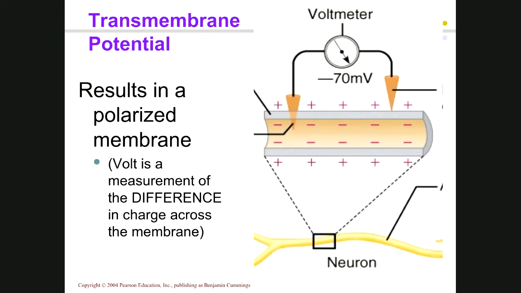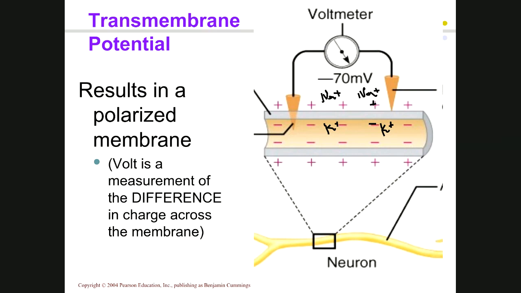And what we wind up with is a membrane where there's more sodium on the outside and more potassium on the inside. The outside is positive and the inside is negative. And so if I look at these two sides of the membrane, they're very different from each other.